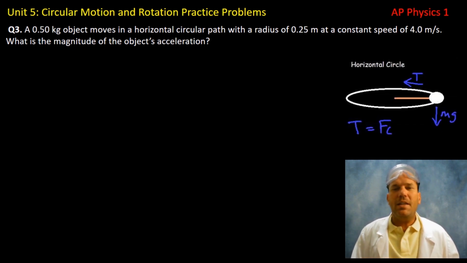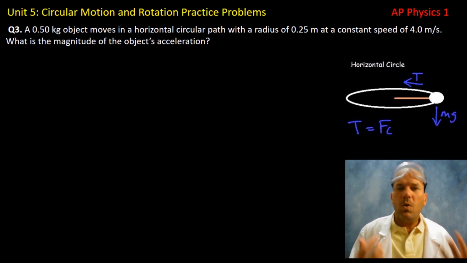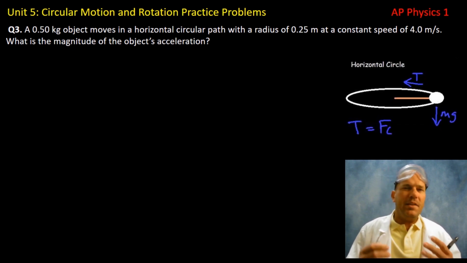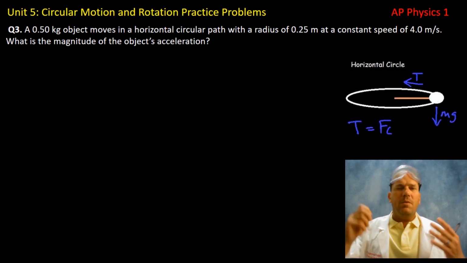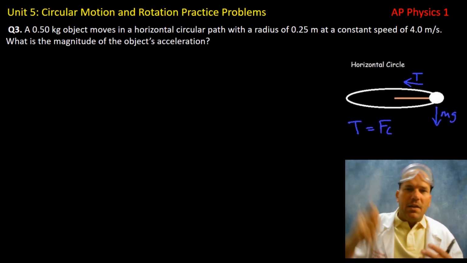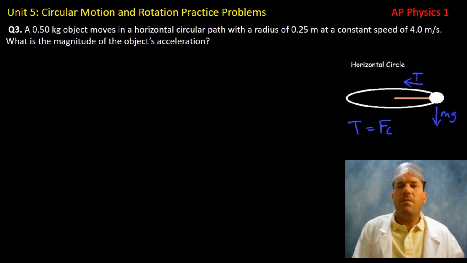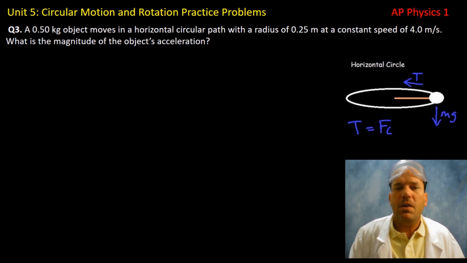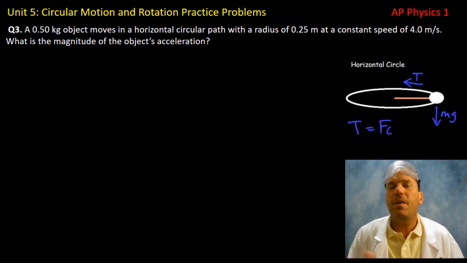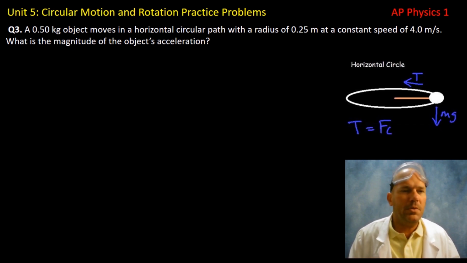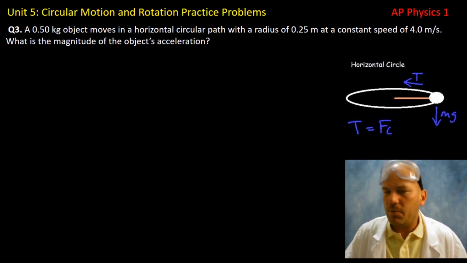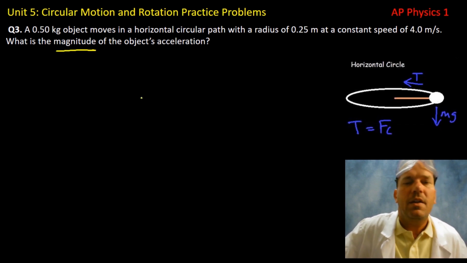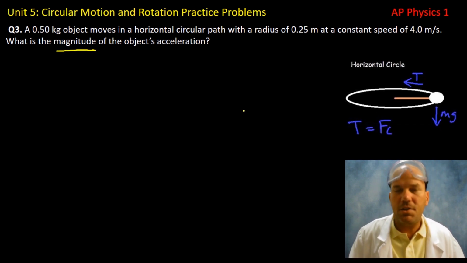As I've shown you in class, the horizontal circular path is very similar to what you're doing in AP Lab 8, where you have it above your head, swirling it, as opposed to a vertical circle where you would have it out in front of you. So here we have a radius of 0.25 meters, speed 4 meters per second. That would be the magnitude of the velocity. And you are being asked, what is the magnitude of the object's acceleration?